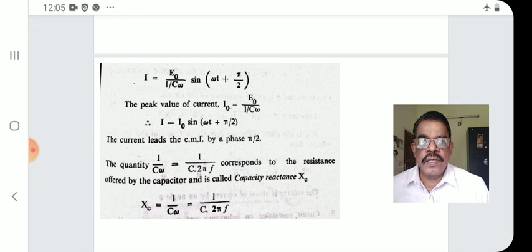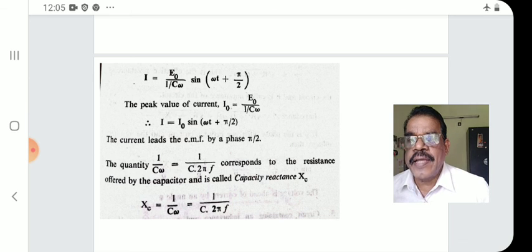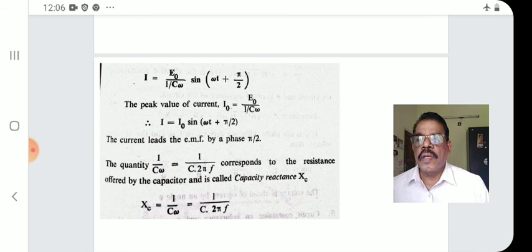R is resistance, L omega is the reactance of the inductance, 1 by C omega is the reactance of the capacitance. All are measured in ohm. The current equation also you remember. In an inductance, there is a phase lag of pi by 2 for current. In a capacitance, there is a phase lead of pi by 2, 90 degrees, for current.